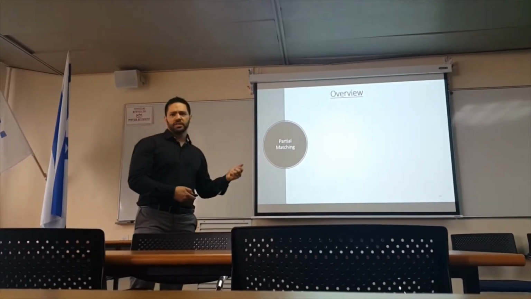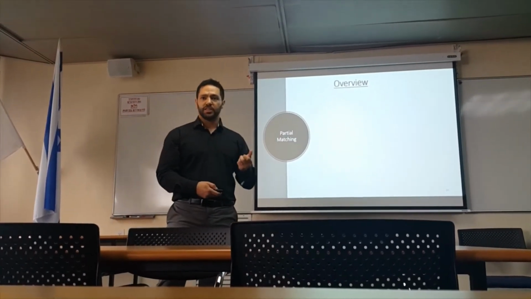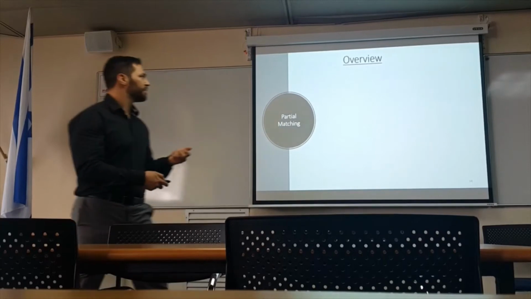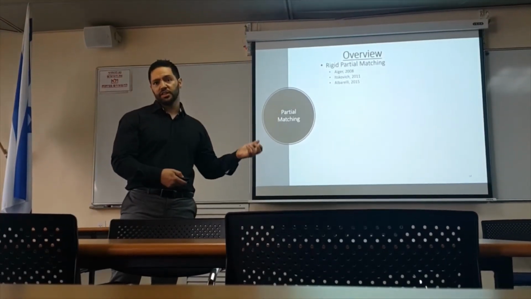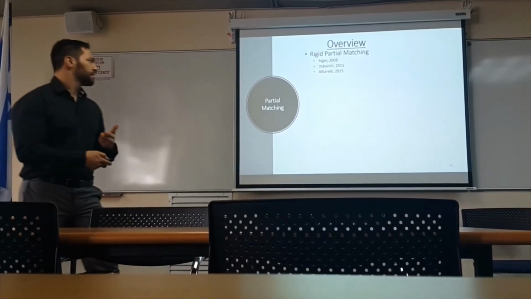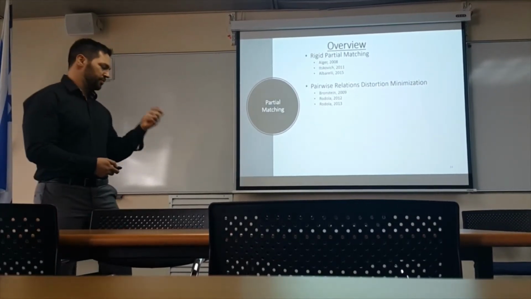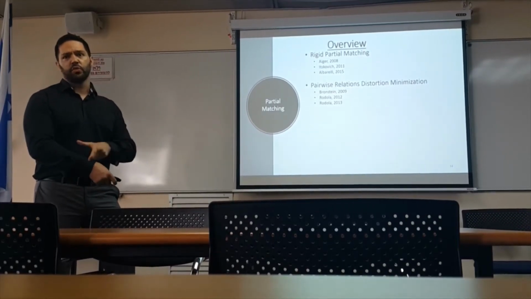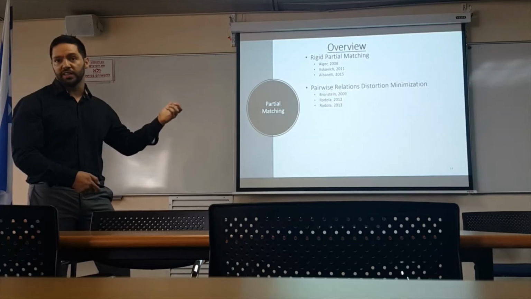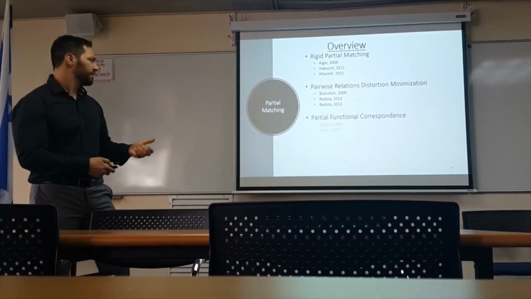What about partial matching? Well, a lot of works there, a little less than full matching. It is a harder problem. In the rigid domain, they solve for rotation and translation, a lot of works there. In the non-rigid domain, the first works minimize pairwise relations, but regularize it by some partiality priors.